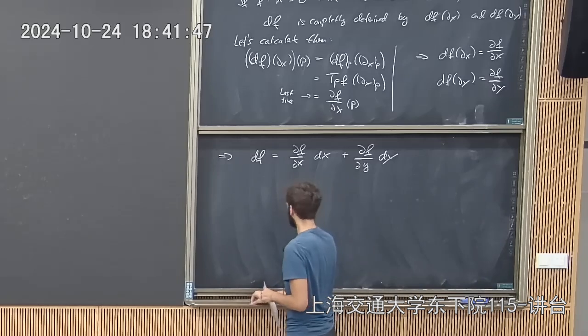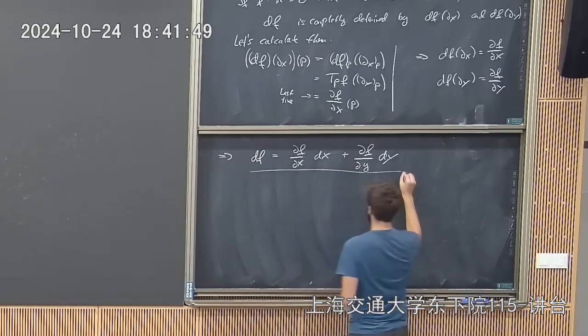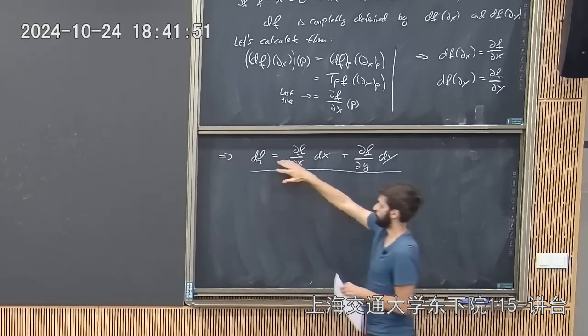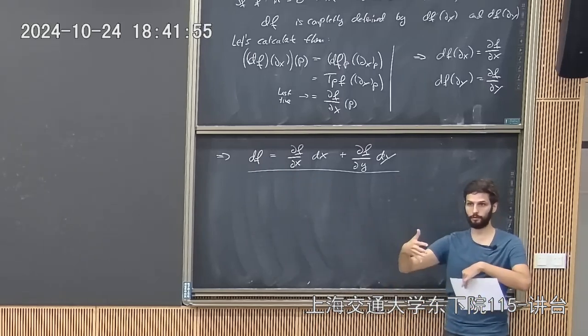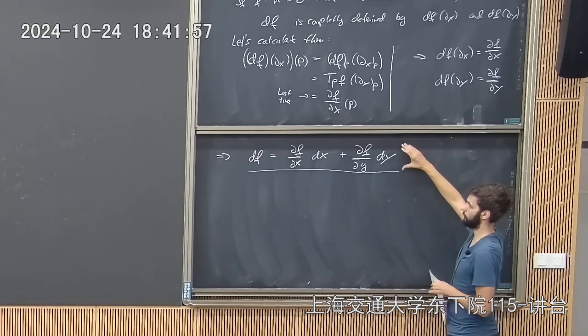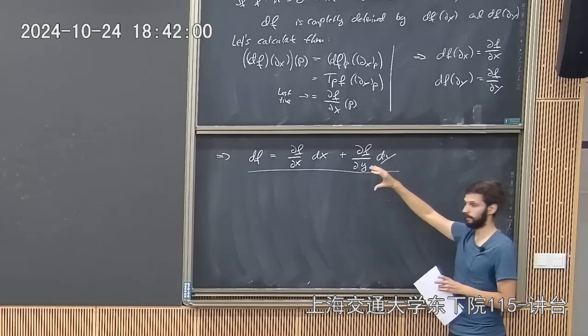And that's a pretty important formula. So if you have smooth functions on an open subset, then this whole calculus boils down to this formula that you would like to write natively, right?